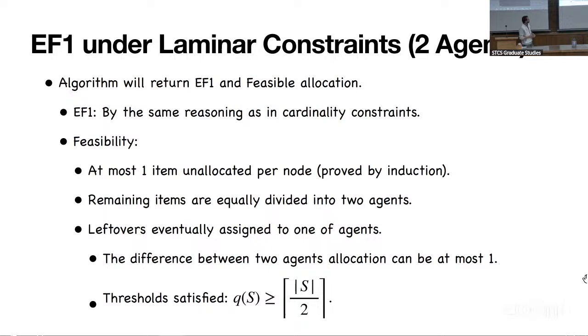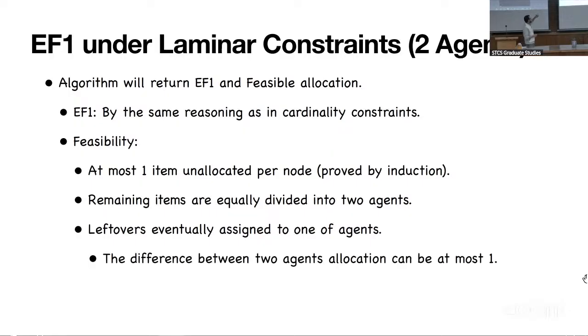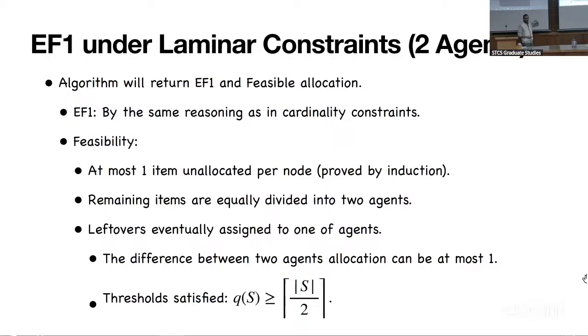Okay. Feasibility. What will happen at each node, assuming at the leaf node we are running round robin? In each of those categories, each agent will have an equal number of items and at most one item will be left over.